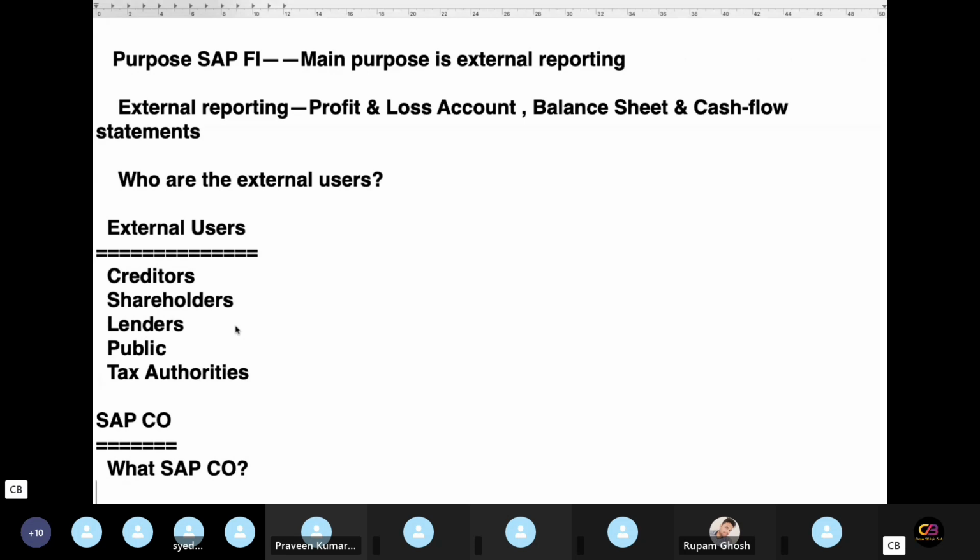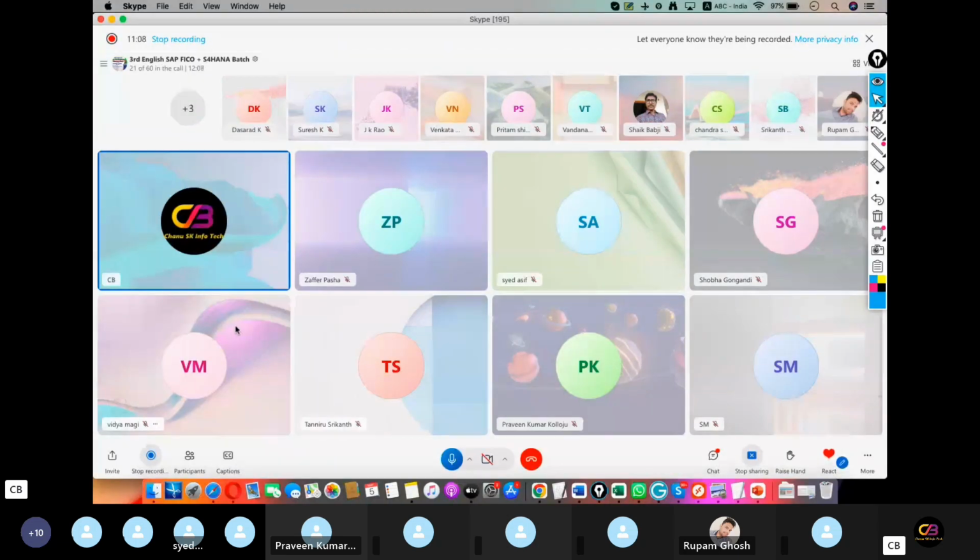It can be only viewed by business only, where they can do some kind of cost cutting or something. We can see everything in CO, sir. Anyone? What is the CO?